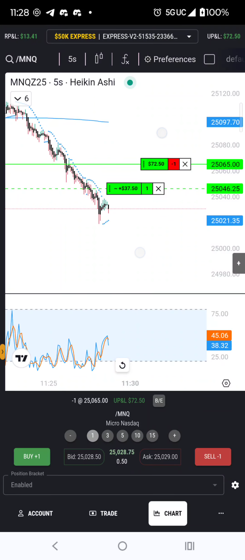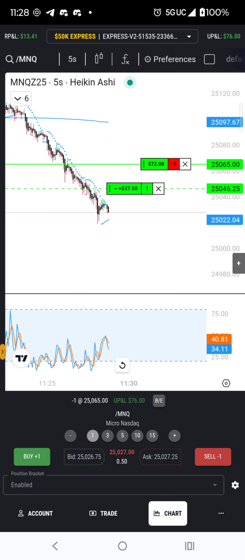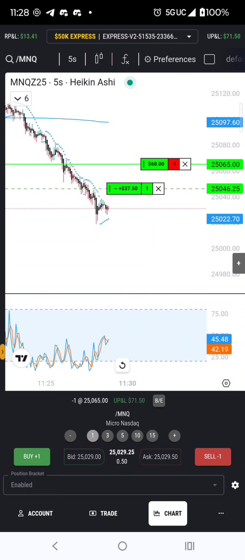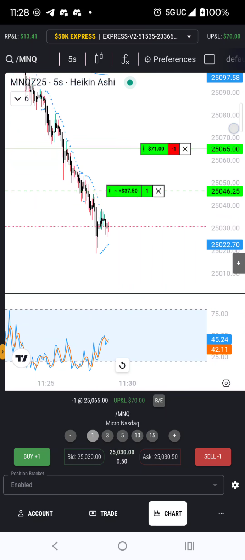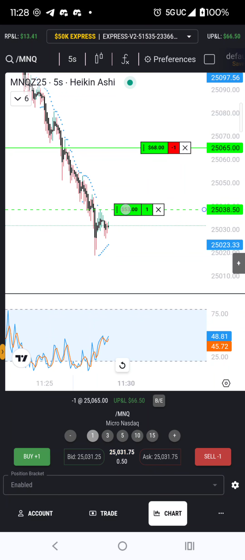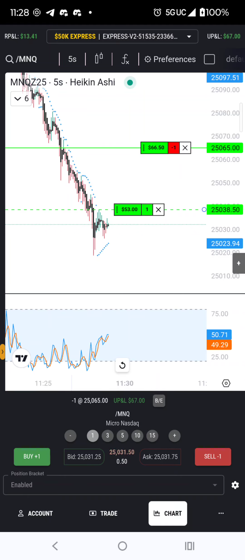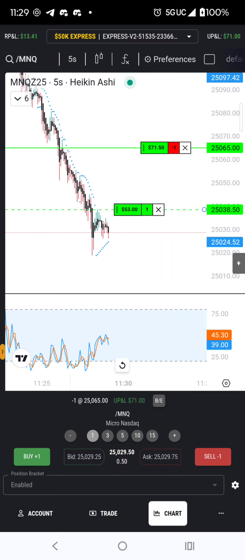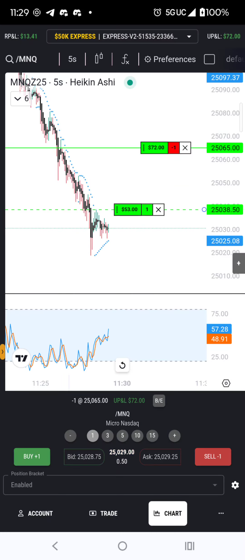Hopefully that holds and we can push again. All right, we did. We can put that there. Hopefully it'll go to a lower low. It looks like it's making a higher low right now.